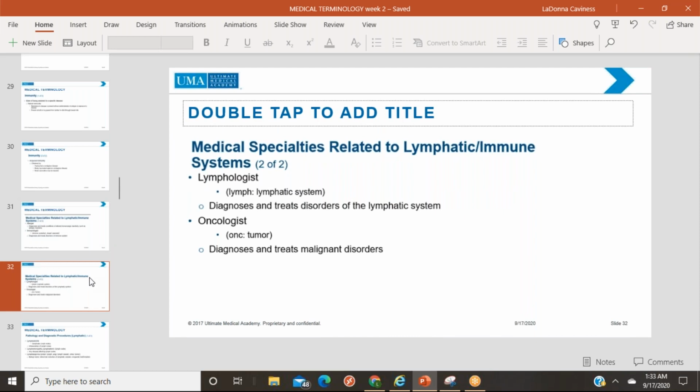Lymphologists, they diagnose and treat disorders of the lymphatic systems. Oncologists, ONC means tumor, diagnoses and treatments of malignant diseases.